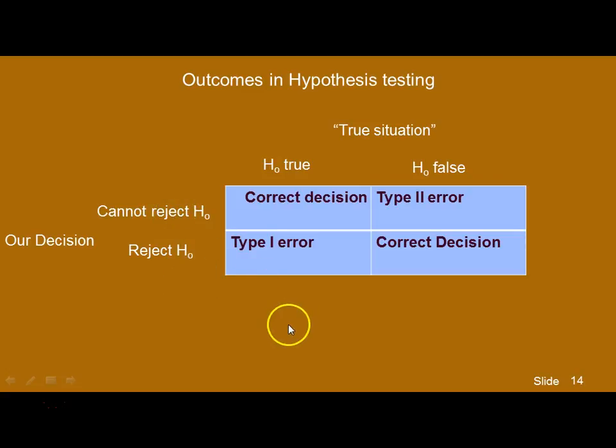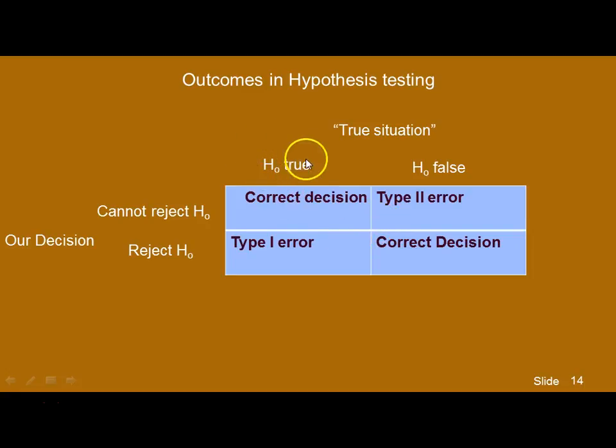That leads to 4 possible outcomes. If the null is true, and we therefore do not reject it, we've made a correct decision. Similarly down here, if the null is false, hopefully we end up rejecting it, and that would be a correct decision. The other 2 boxes are the 2 types of errors that we've just been talking about.